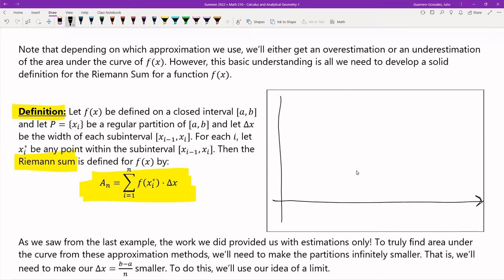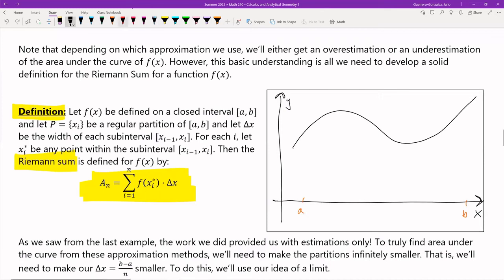So here's my x and here's my y. So here's my a to b. I'm going to draw in my a and my b, and I have a function. Make it a little higher up. There we go. Here's my function.